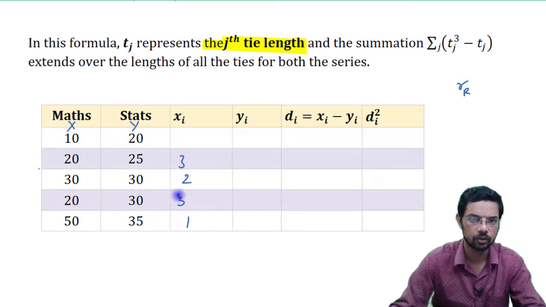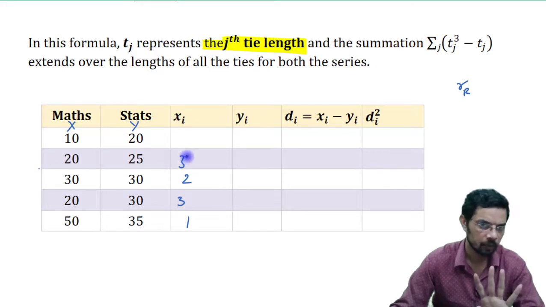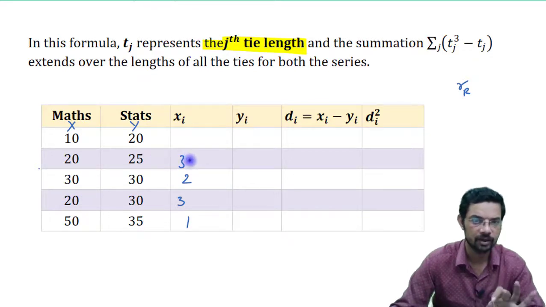So there are now 1, 2, 3, 4 people occupying 4 positions. Now the fourth rank will not be given to anybody, but the third and the fourth rank will be equally shared between the two people who scored 20 and 20. So we will be taking the average of 3 and 4, because the third rank and the fourth rank are shared between the two people, or they have been tied up.